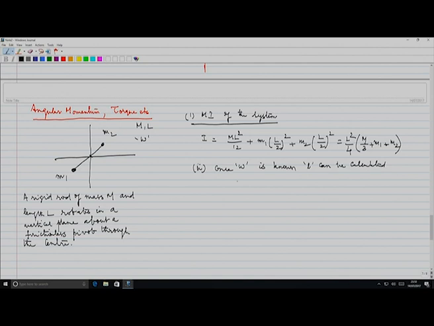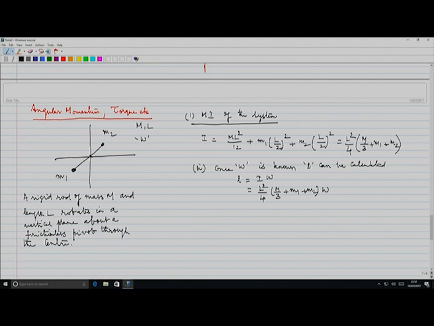Therefore, L is equal to I omega, right? We already calculated I, so this is L squared by 4 into M by 3 plus little m1 plus little m2, that times omega.